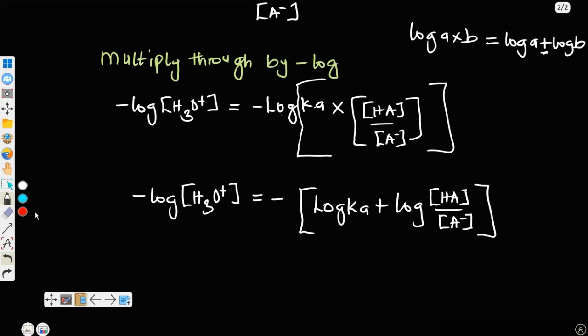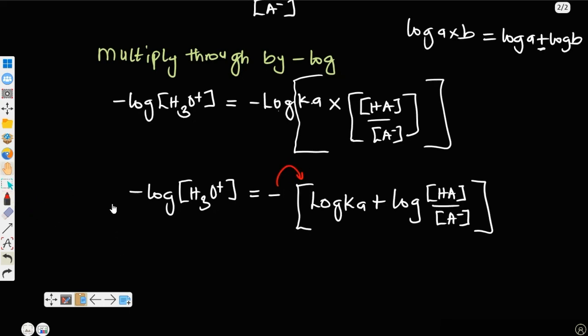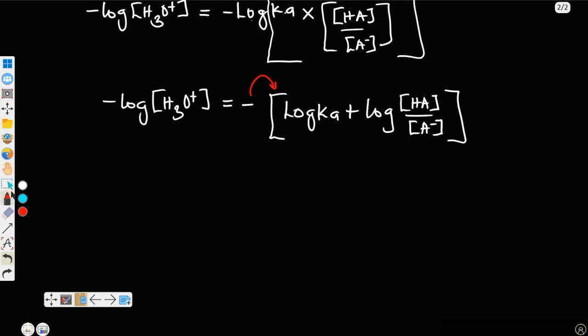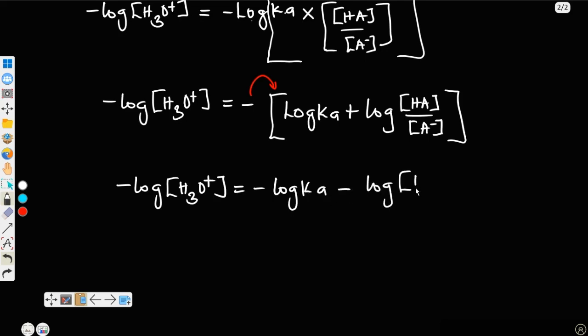Now we can use this minus to open through so that some persons will not get confused. So this will become minus log [H3O+] equals minus log Ka minus log HA all over A minus.